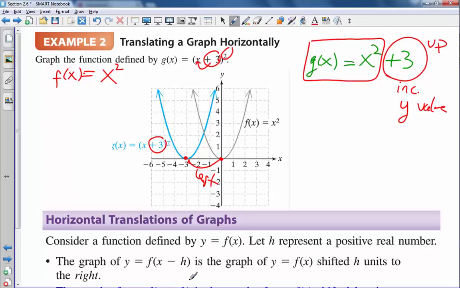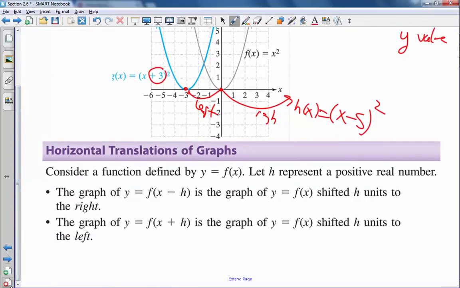Good? Left direction. But what if this is a negative number? If you have a negative 5, it will shift to the right. Let's say h of x equals (x minus 5) squared. Got it? So here is the summary. Look where the number is.